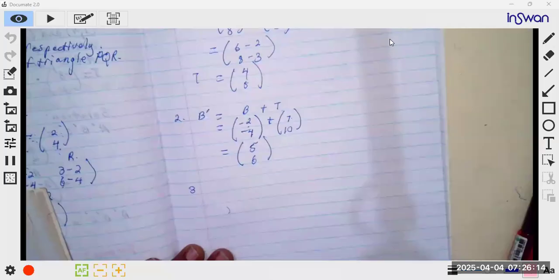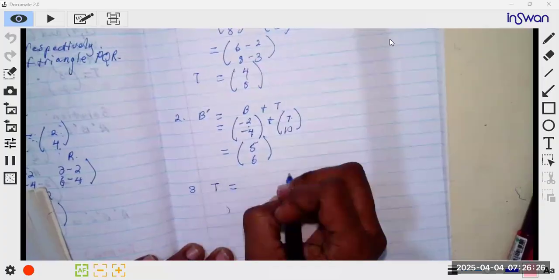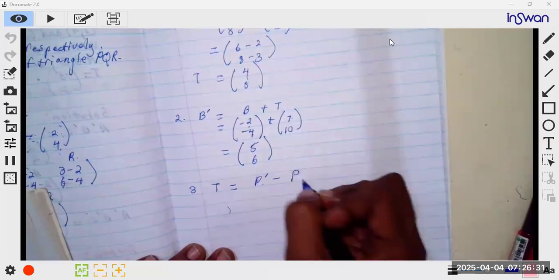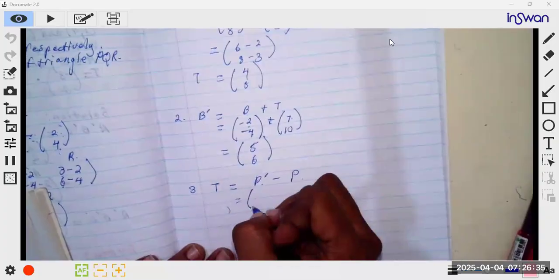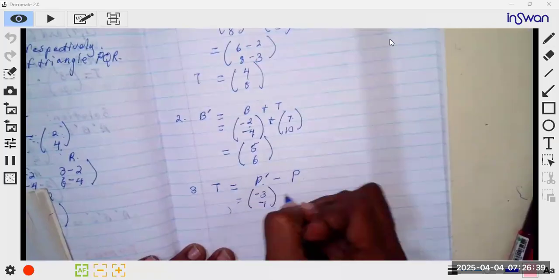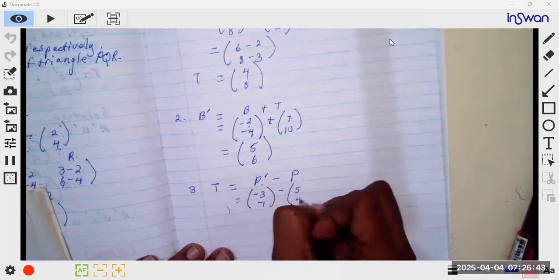Number 3. Here they want us to find the translation vector again. A point P, 5, 4 is mapped onto P prime by translation. So the translation vector will be P prime take away P, the image take away the object. And the image is minus 3, minus 1, and the object is 5 and 4.